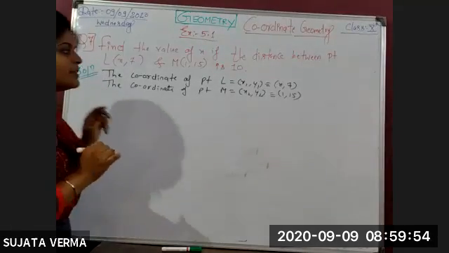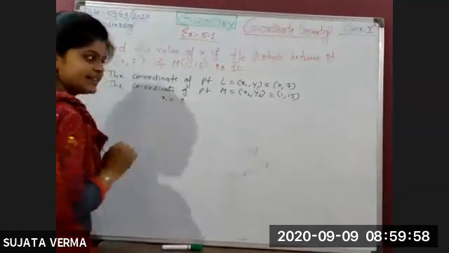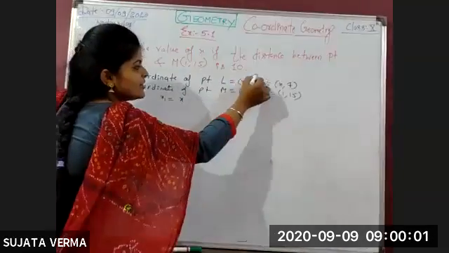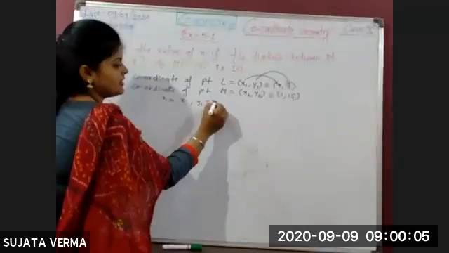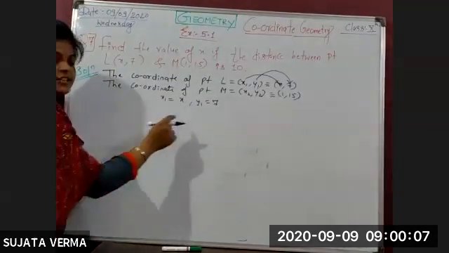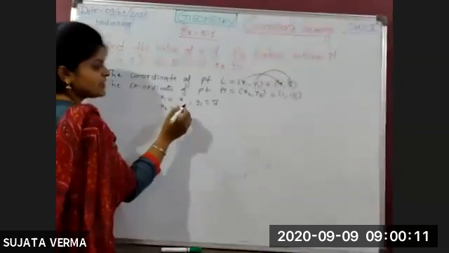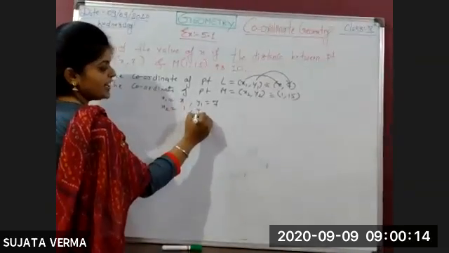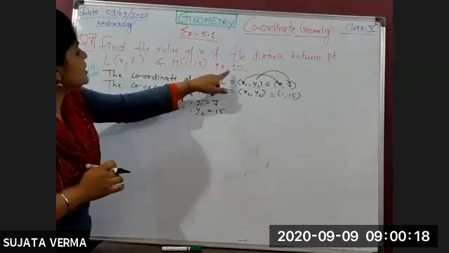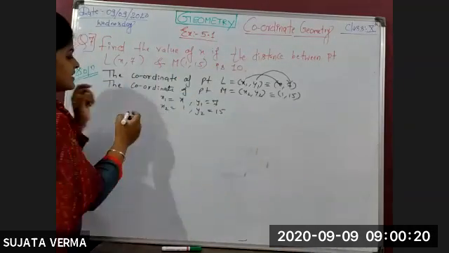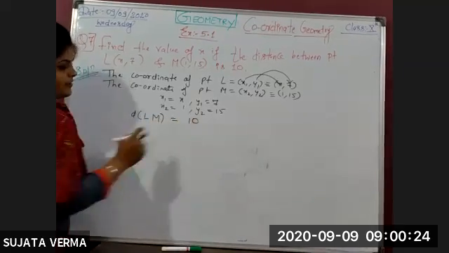Okay. Now from this we get x1 is equal to x, and y1 is equal to 7. Clear? And from the coordinates of M we get x2 is equal to 1, y2 is equal to 15. And what else is given? The distance between L and M is equal to 10.